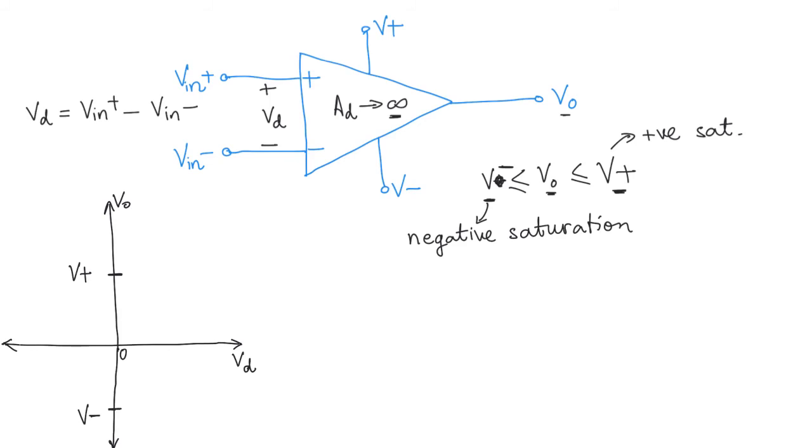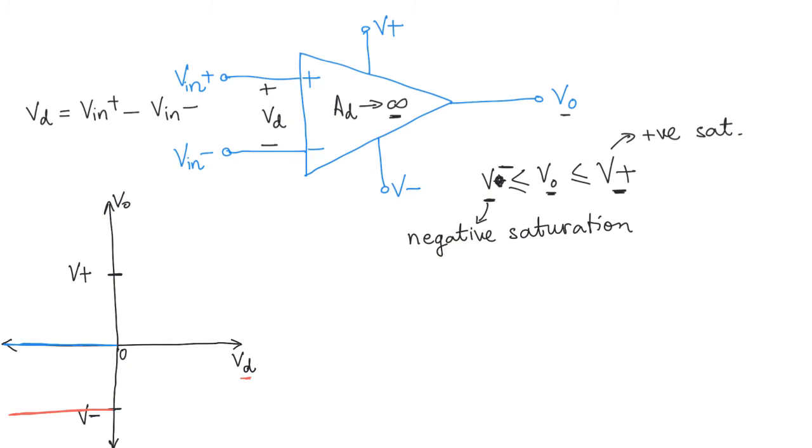So whenever we have VD less than 0, that is this part of the curve, what will be the output? The output is going to be V minus, right? Again, if VD is negative, VD times infinity is going to be minus infinity, but the output voltage cannot go more negative than V minus. So V output will be equal to V minus whenever VD is negative.